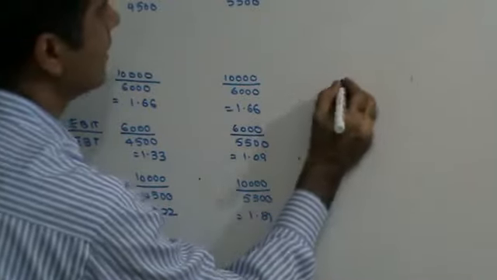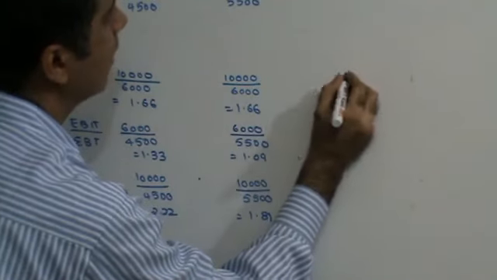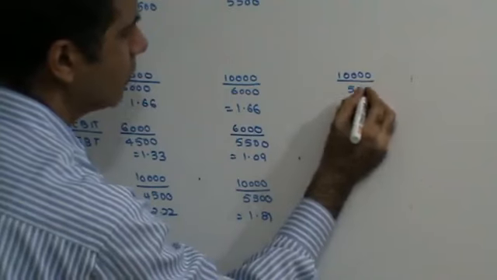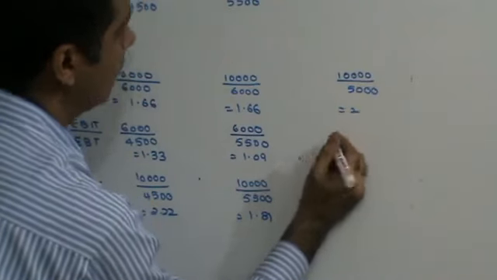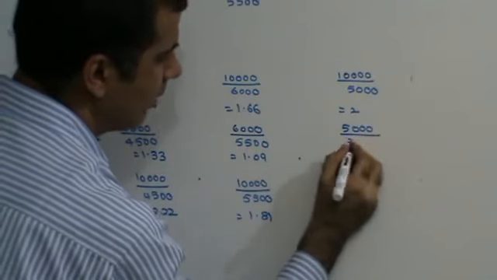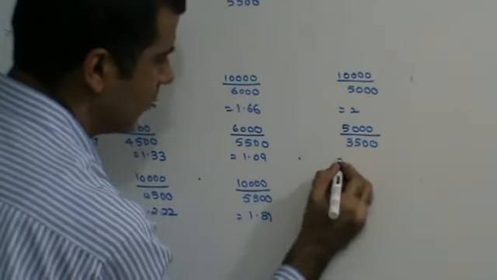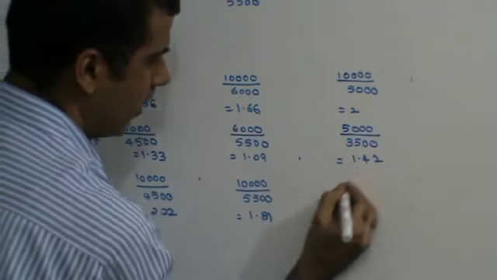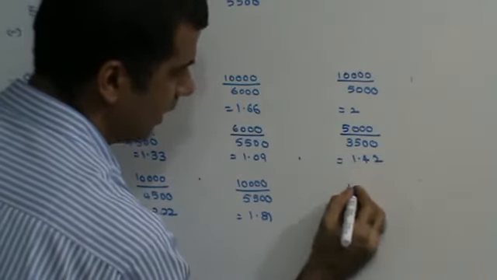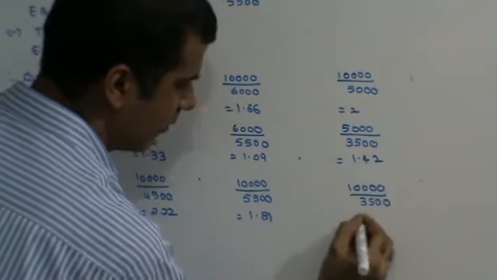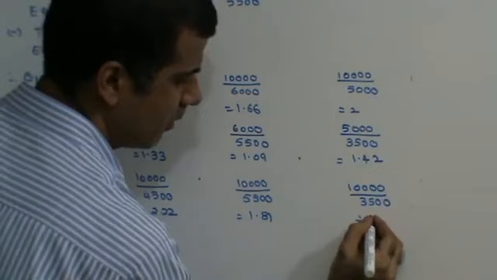Next, this is 10,000 divided by 5,000, which is going to be 2. This is 5,000 divided by 3,500, which is 1.42. And this is going to be 10,000 divided by 3,500, which is 2.85.